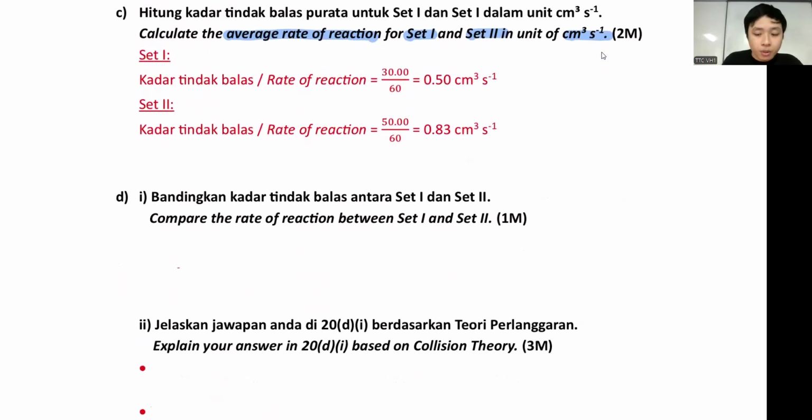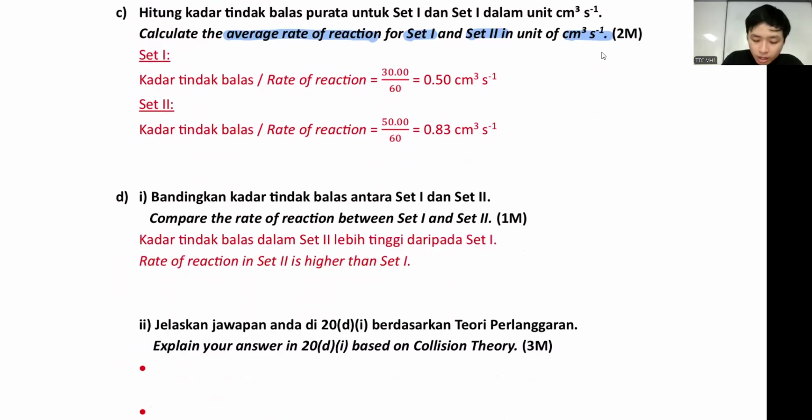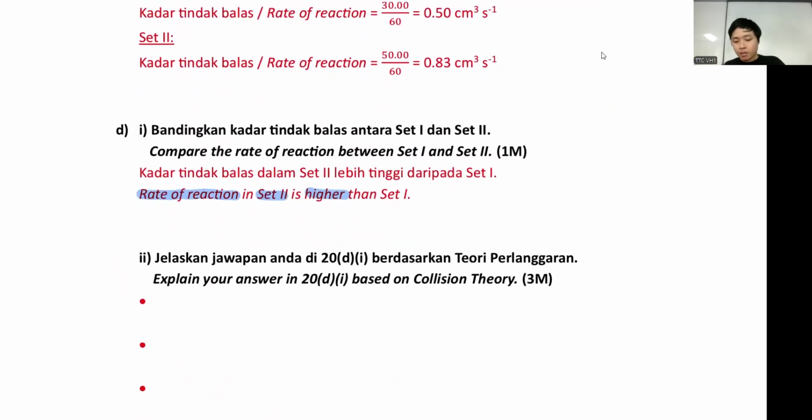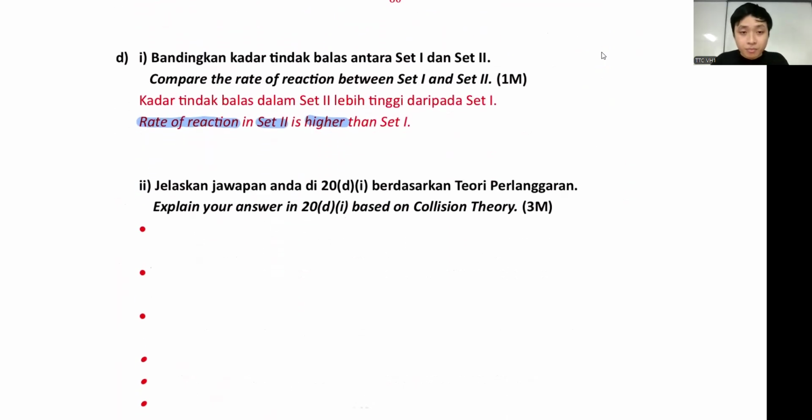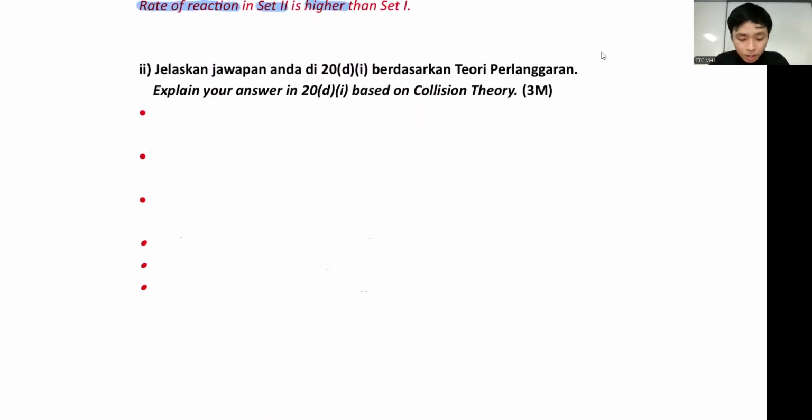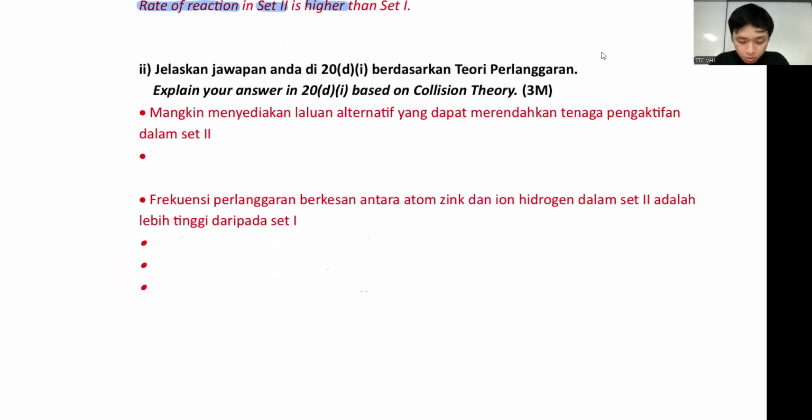Compare the rate of reaction between set 1 and set 2. Of course, set 2 has a higher rate of reaction than set 1. Okay, so the reason, let me explain.